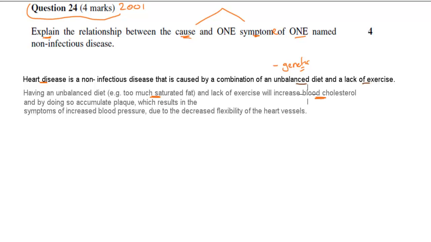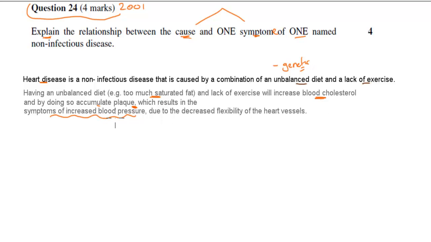And by doing so, it accumulates plaque in the blood vessels. There's going to be more plaque in the blood vessels, which results in the symptom of increased blood pressure. Having more plaque in the blood vessels is due to the blood cholesterol, which is linked to the cause.